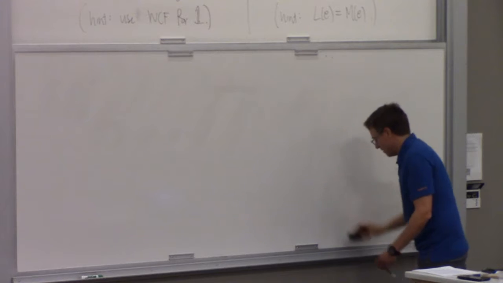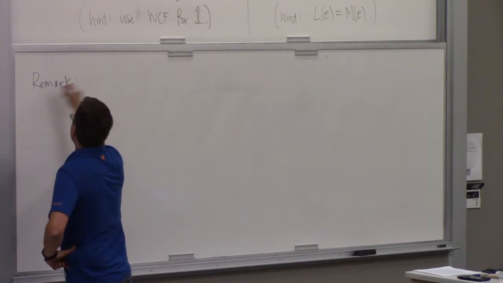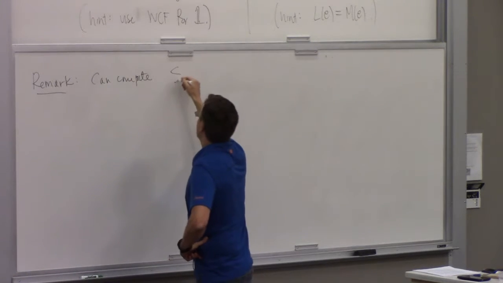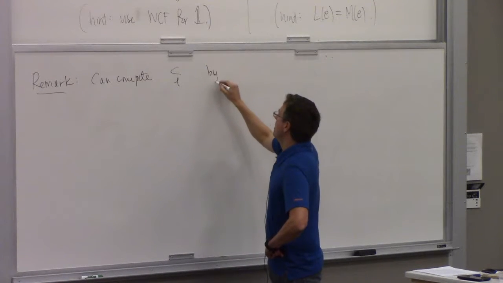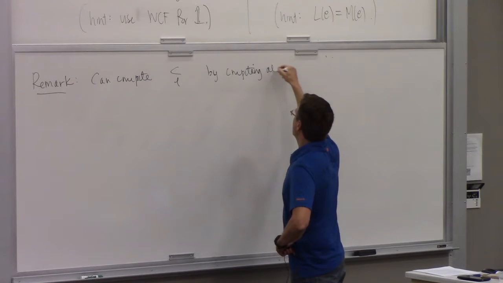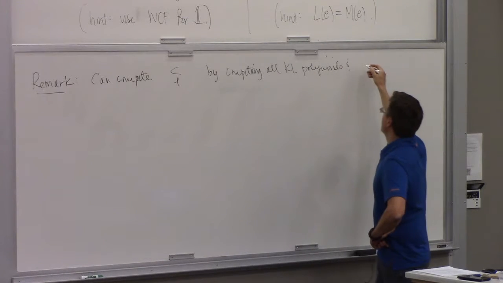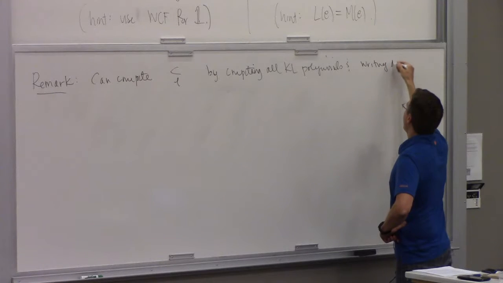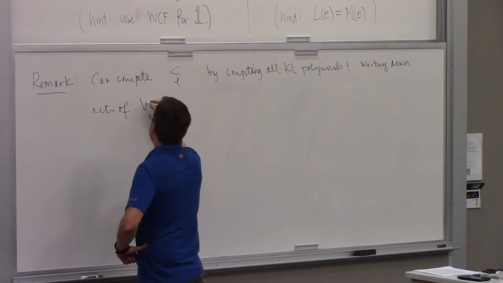So let me just make that a remark. You can compute this left relation in the obvious way by computing all the KL polynomials and writing down the action of W in the L basis.